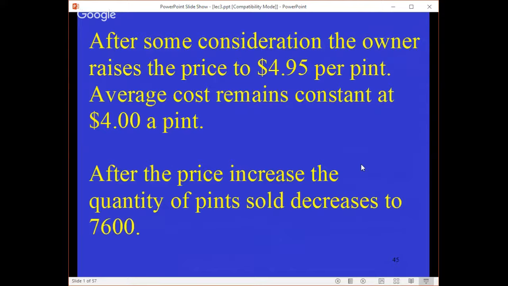A question for the exercise is, what are we supposed to find right now? What we're supposed to find is the own price elasticity of demand for beer of this microbrewery. I haven't given you the price or income of their customers, so there's no way we can calculate that. So it's the own price elasticity.